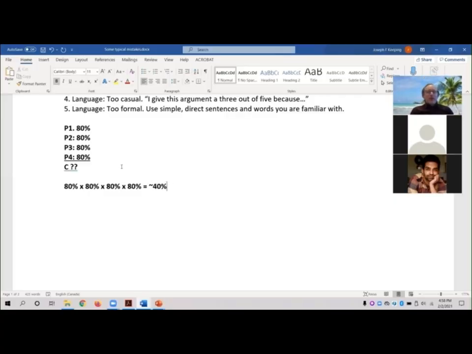So in this argument with 4 premises, each of which is 80% likely to be true, because all of them have to be true at the same time, the conclusion is not 80% likely, but in fact, it's only 40% likely, which means it's 60% likely to not be true. So it means that the conclusion is probably false.